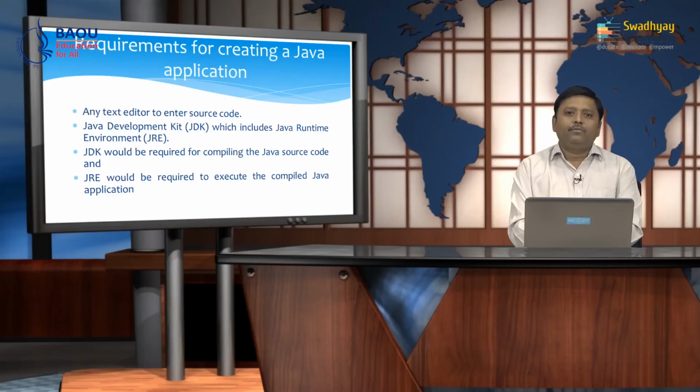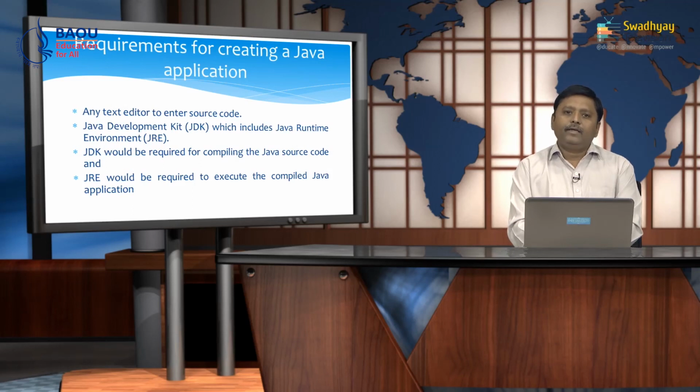NetBeans IDE is a full-fledged Java development environment, or integrated development environment, for creating Java applications. It provides all the necessary features like syntax highlighting, facility for compiling and running programs, debugging your program, and it also provides other features like automatic code completion, etc.